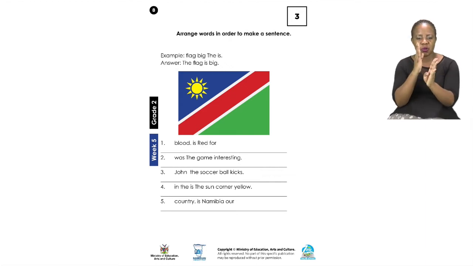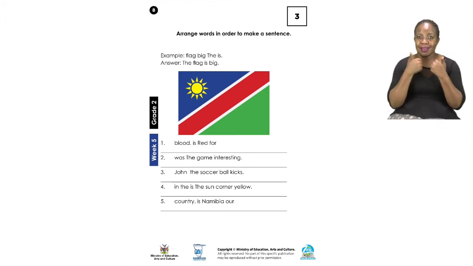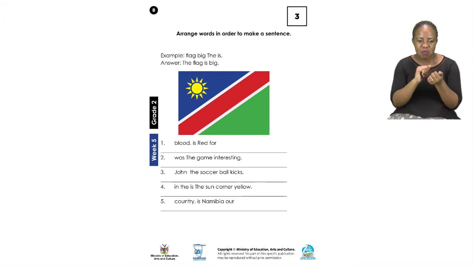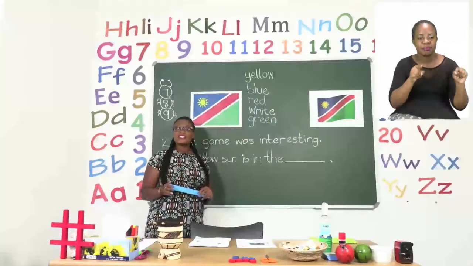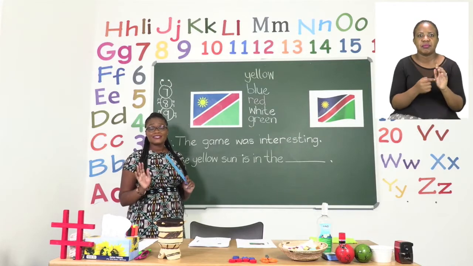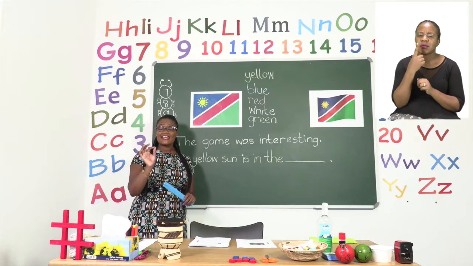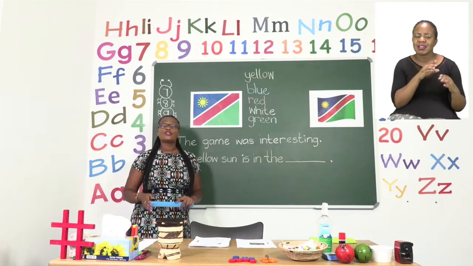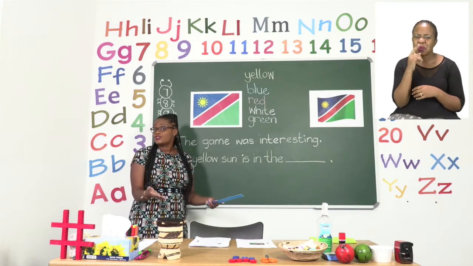Let's take a look at number 2. Number 2 says, was the game interesting? That doesn't sound right, boys and girls. So we are going to have to rearrange it. Let's take a look at the board. Now the first thing you're going to notice about the sentence is that it has a capital letter The. This now becomes our clue to where we should start.